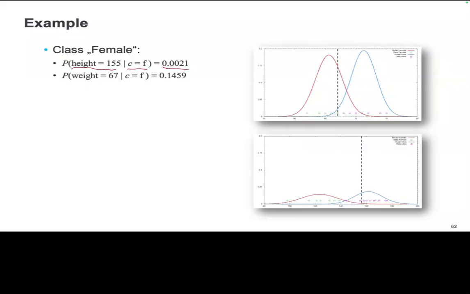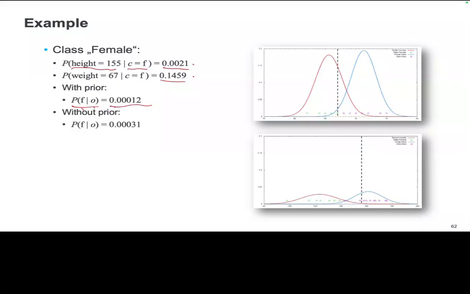That would give us a value, which is not a probability really, but it would be the probability maybe for a small epsilon environment around that value. And the same is true for the height. And then we include the prior, and then overall we classify our observation to be female by multiplying the prior with these two probabilities and end up in this.